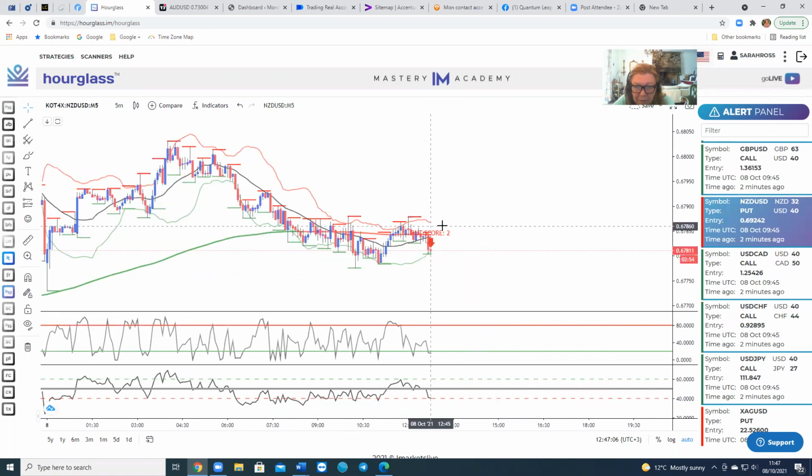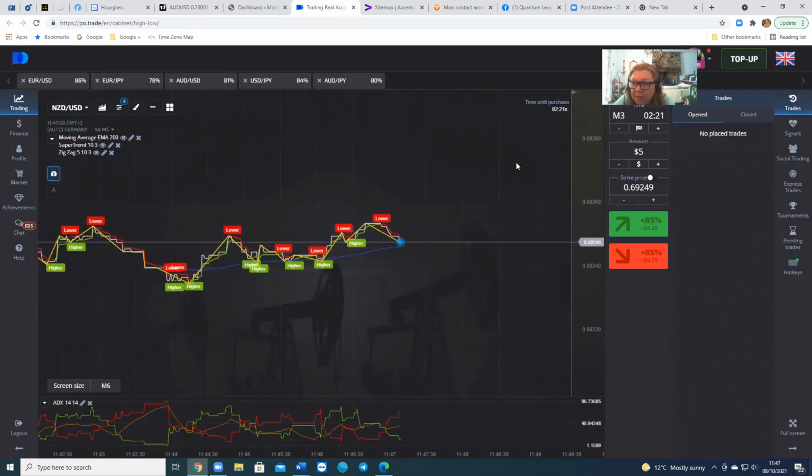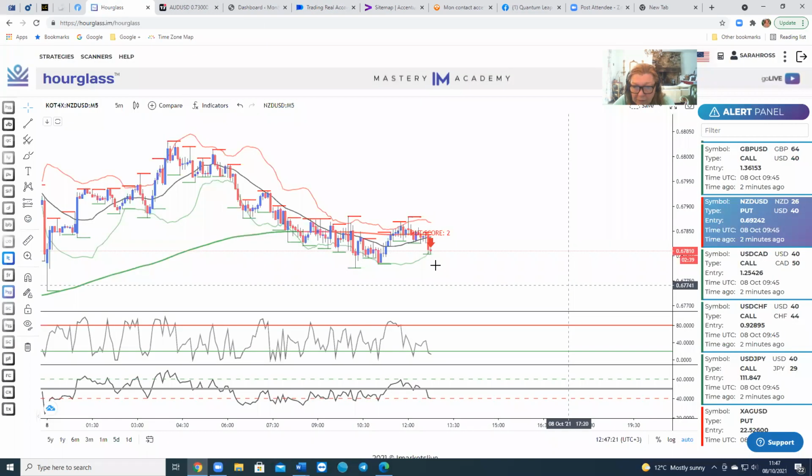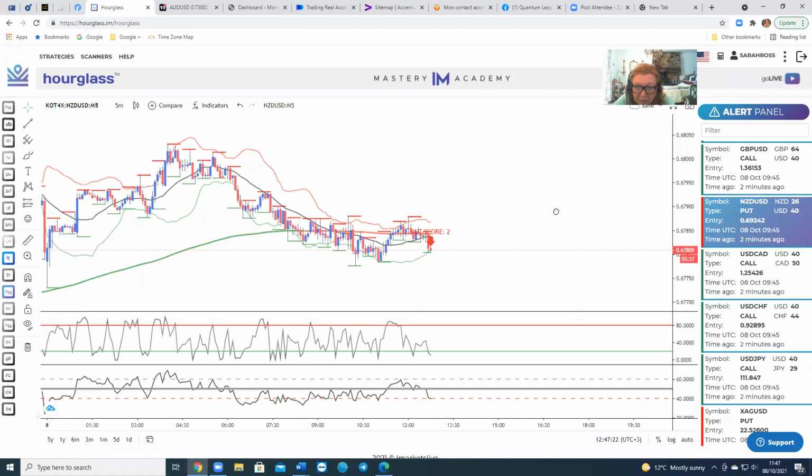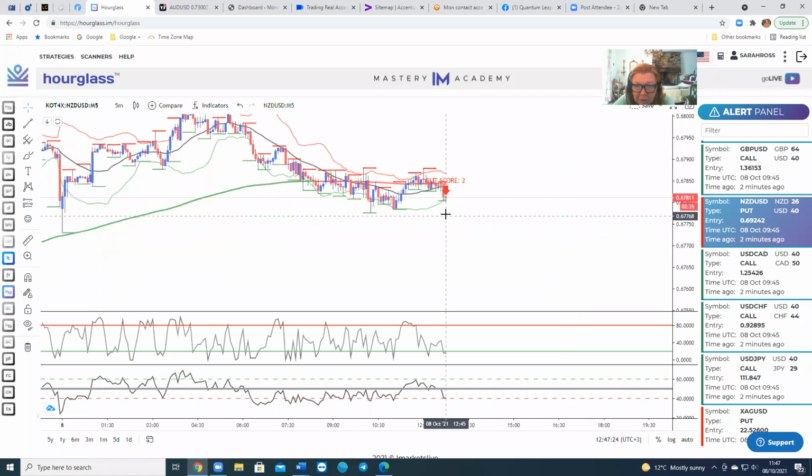NZD/USD. So I lost that one. It finished at 245. I heard it click. Oh, so it made its move there, and it's right down the other side now.